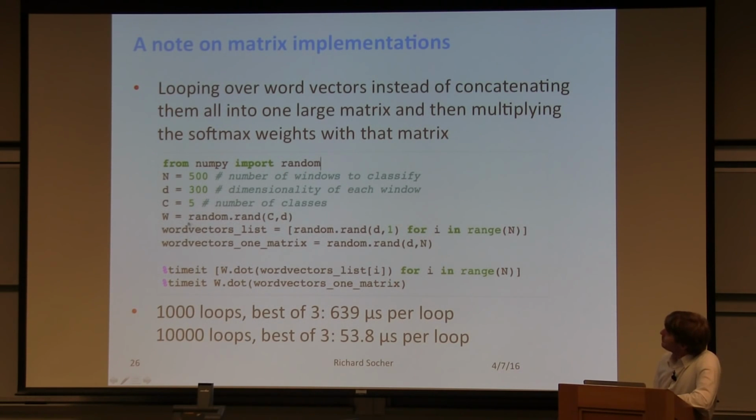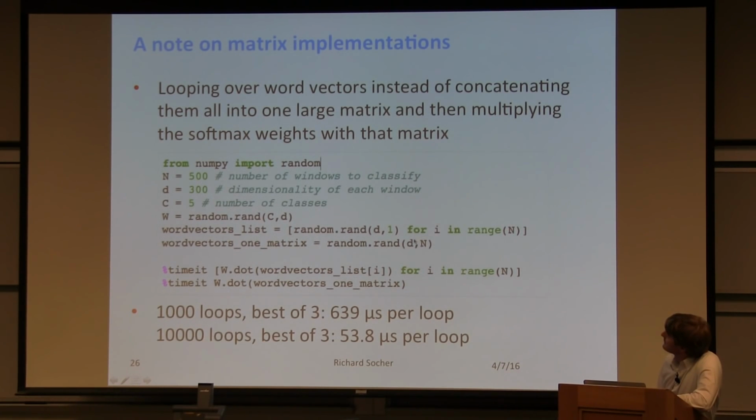Now we would end up with some kind of matrix W here for our softmax, a C by D matrix, and we have our word vectors, which will just be a bunch of random d-dimensional vectors, and that will be our word vectors as the entire matrix.